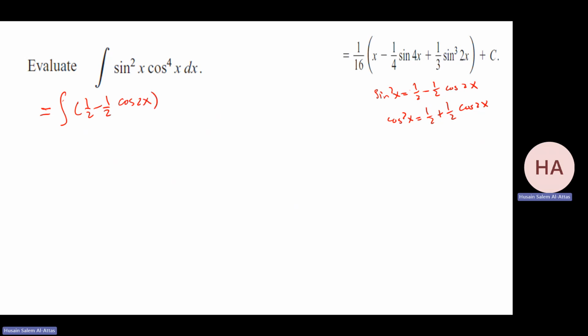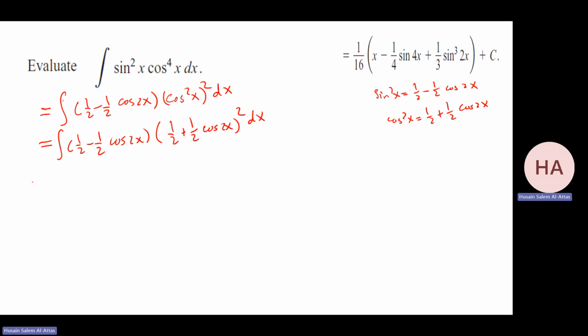Cosine to the power 4 is what? It will be cosine square x, all square, dx. And that gives me half plus half cosine 2x, all square.